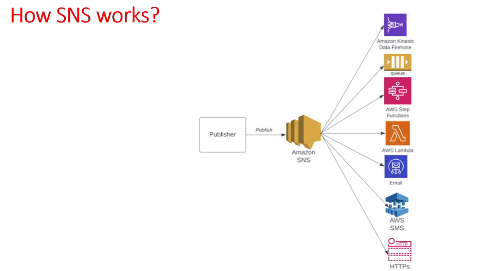Whenever they are ready to publish a message, they use SNS, the Simple Notification Service, to send that message. There are subscribers that subscribe to that topic. Subscribers could be Kinesis Data Firehose, an SQS queue, Step Functions, Lambdas, emails, SMS, or an HTTPS subscriber. It could be any kind of subscriber. And if they have subscribed to a topic of a particular type, they will receive that message.